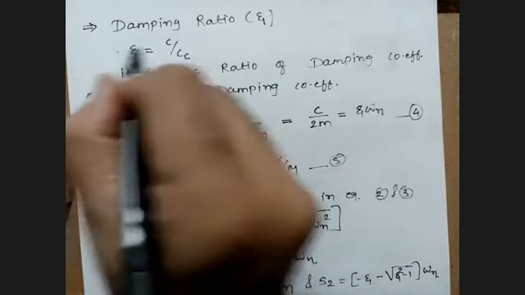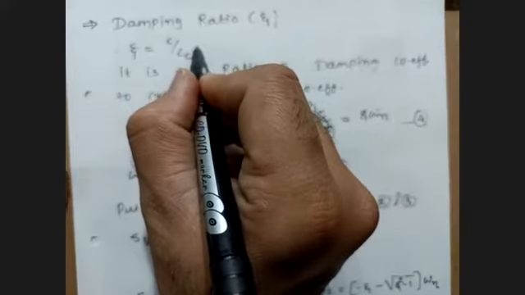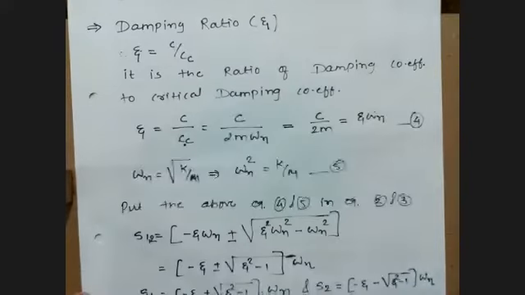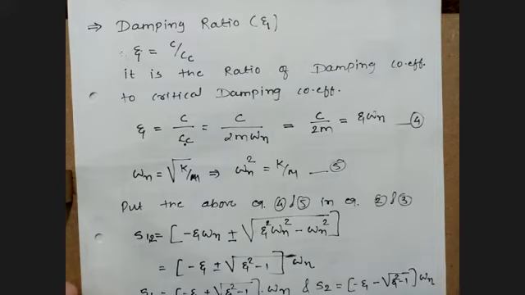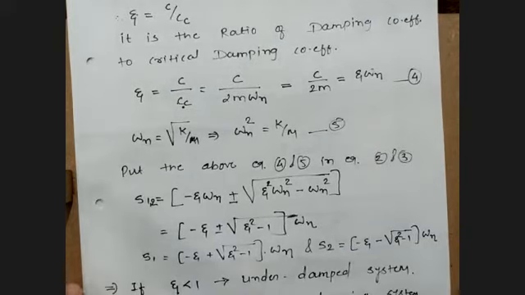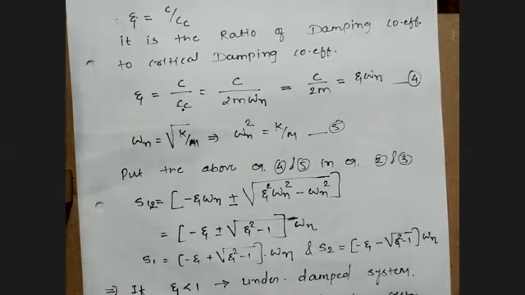C is equal to Cc. That is nothing but your critical damping case. Cc is your critical damping coefficient, right? So C equal to Cc is called critical damping.